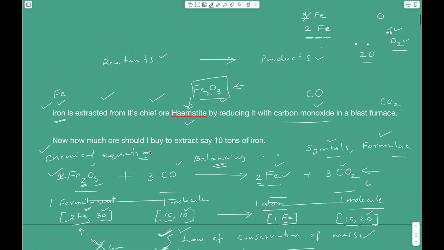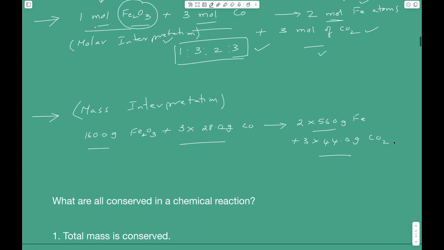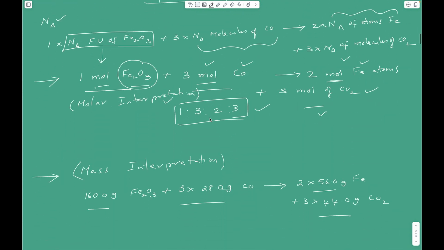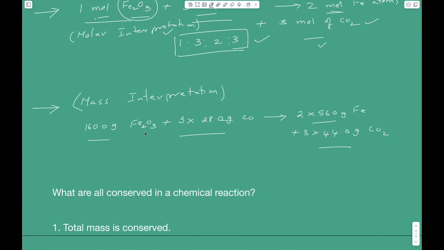So how much ore should I buy to extract so many tons of iron, right? I assume they are metric tons, so 10 times 1000 kilograms is 10 tons, and 1 kilogram has 1000 grams, so it would be 10 to the power of 7 grams. Now how do we figure out the mass of ore? Ore is nothing but ferric oxide, so we have to figure out the mass of ferric oxide from this relationship. How do we do that?